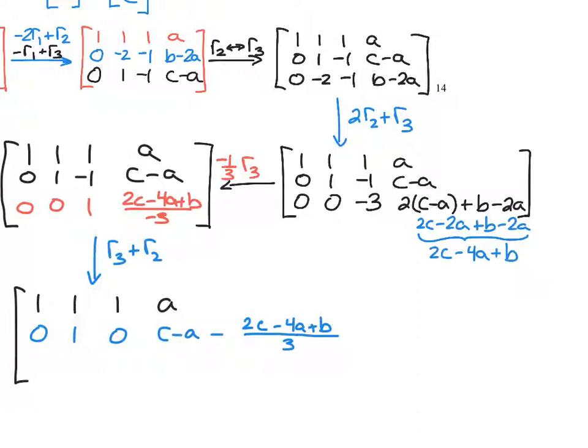And then the bottom is going to be what it was, 0, 0, 1, and then all that stuff again. Here I think I might just negate the numerator just to clean it up a little bit. So 4A minus B minus 2C all over 3.